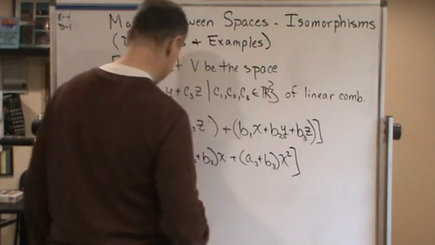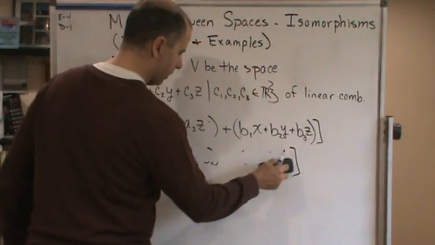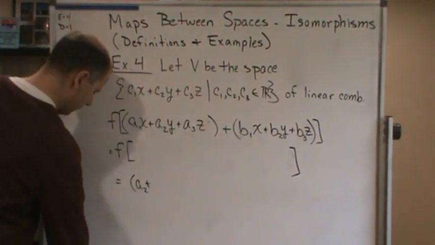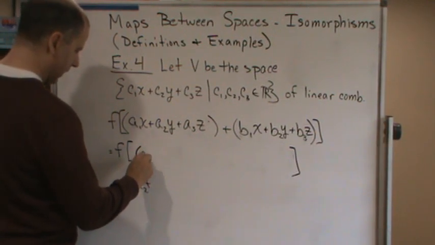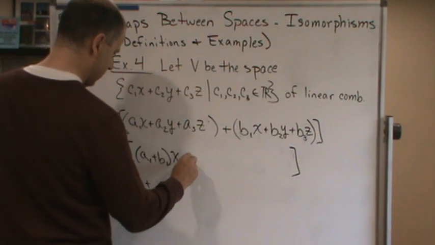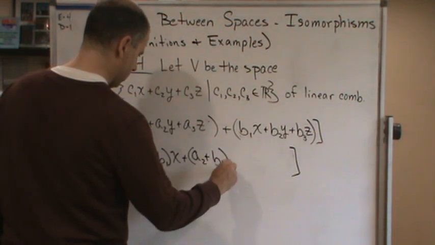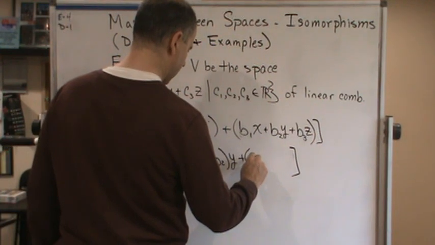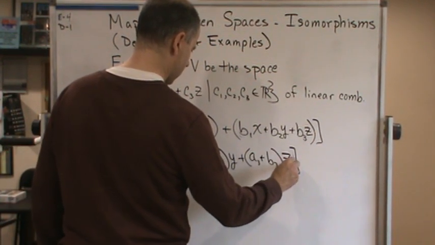b3z. Okay, now I'm going to do the same thing that I was doing just now the correct way. So now it's going to be, again, a1 plus b1 times x plus a2 plus b2 times y plus a3 plus b3 times z.